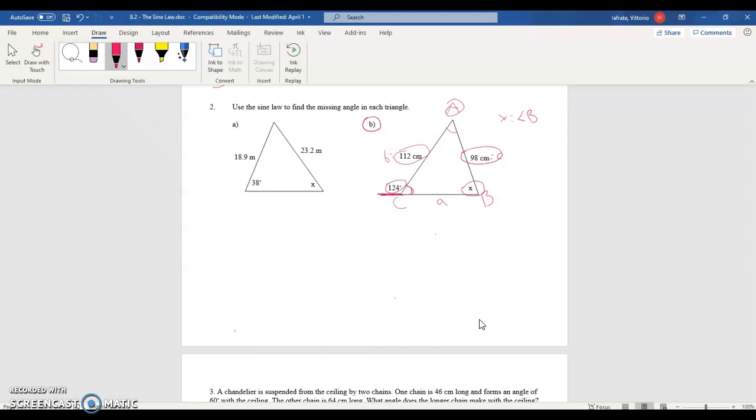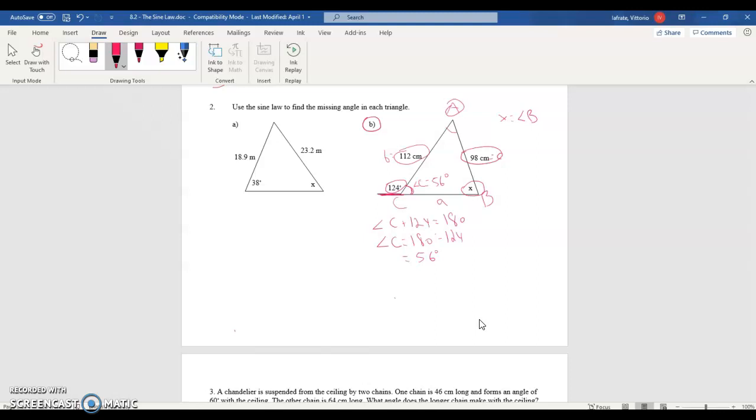Let's call this angle C. So angle C plus 124 is equal to 180. What that means is that angle C is equal to 180 minus 124. And so we get 56 degrees.